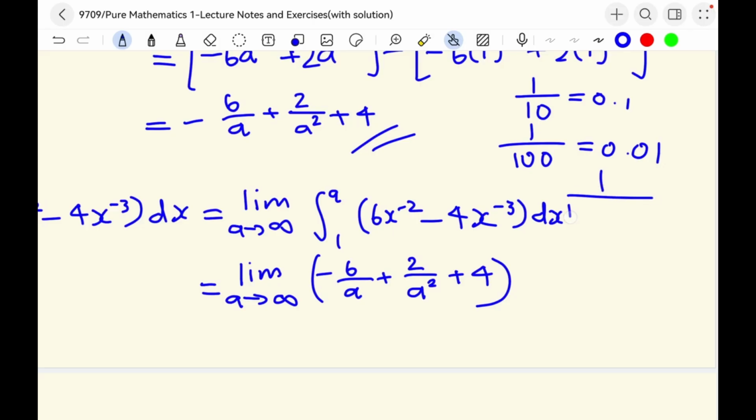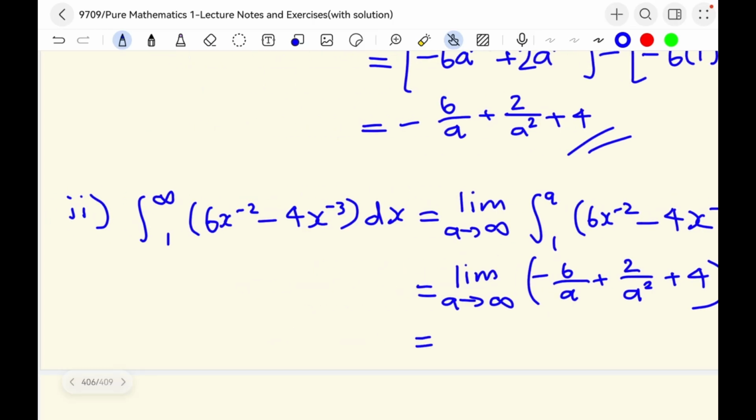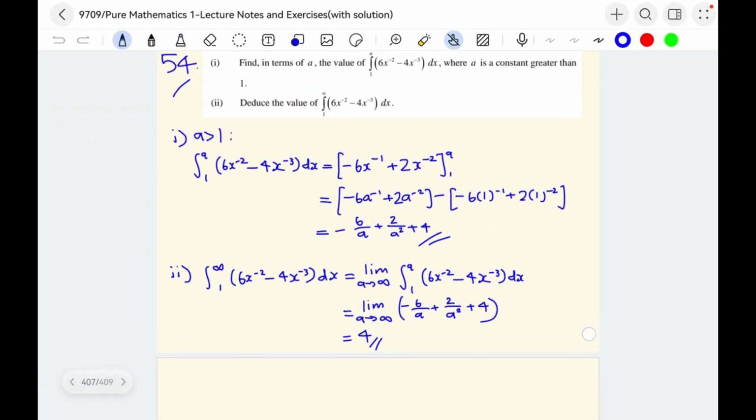If I keep adding zeros behind the 100, it is approaching 0.00000 and so on, negligible, approaching 0. This is what I'm trying to explain using limits. So the answer for part B as a approaches infinity is 4. So 4 is our final answer.